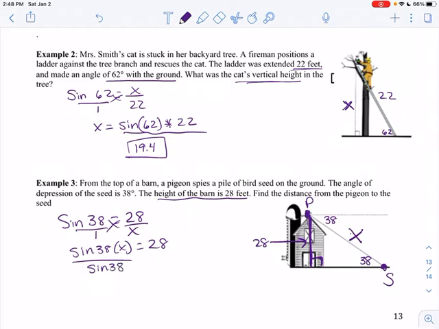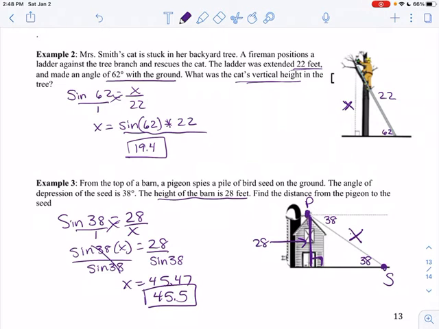I need to just divide by sine of 38. So in your calculator, you are doing 28 divided by sine of 38. And again, we'll just do this one to the nearest tenth also. So that gives me 45.47. Nearest tenth, 45.5. That's how far away the pigeon is from the birdseed.